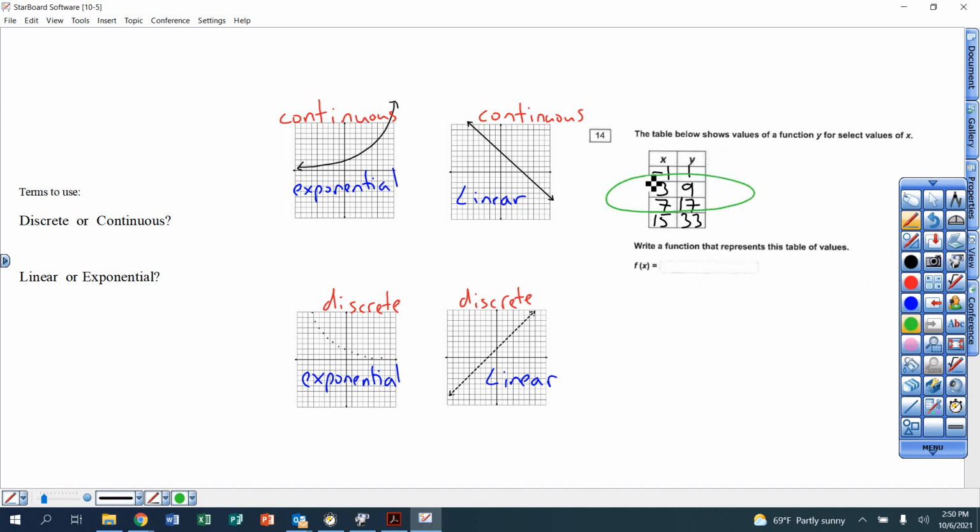Look at that, because it looks like from 9 to 17 going up by 8, from 3 to 7 going up by 4. If I divide that out, that gives me the rate of change. 8 divided by 4 tells me that if I'm stepping up or down by just ones, that is going up or down by 2. That is my slope. That is my rate of change.